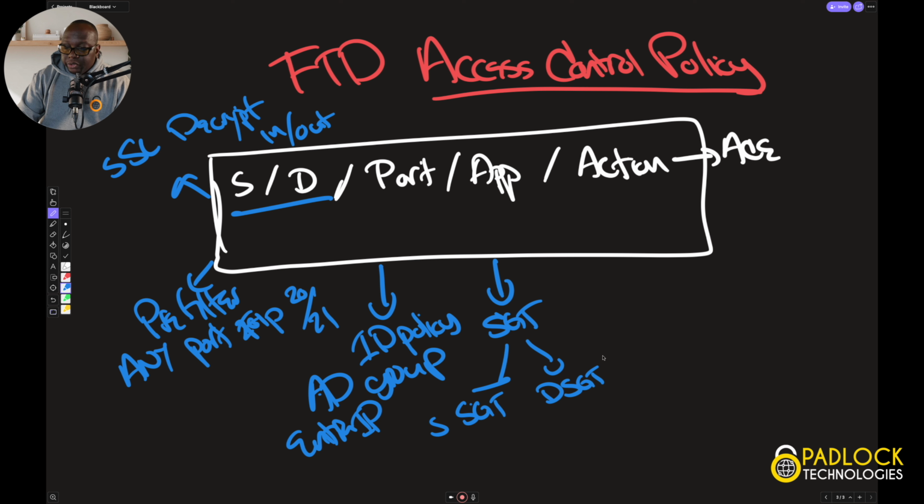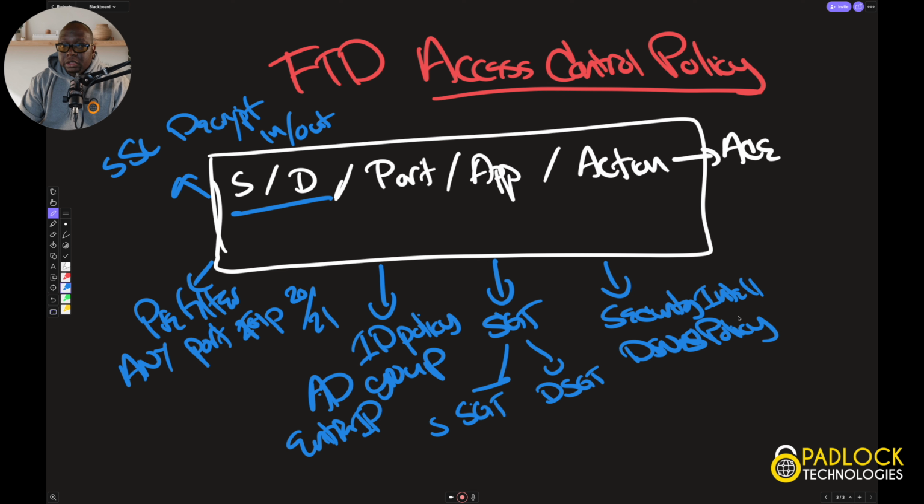Then on top of this, you have your security intelligence policy, Intel, aka DNS policy. The good thing about this, in the new versions, is you can actually do a local DNS policy, right? You can configure it there, or you can tie this into Umbrella if you're using Umbrella.